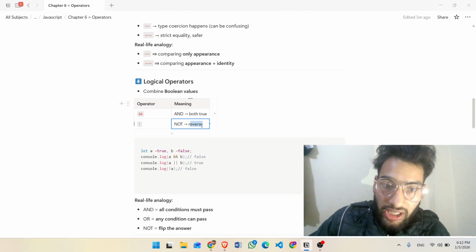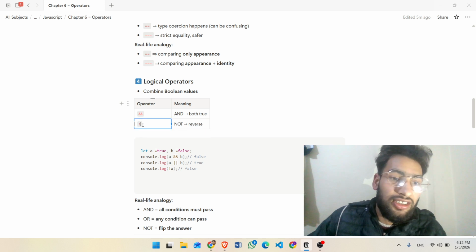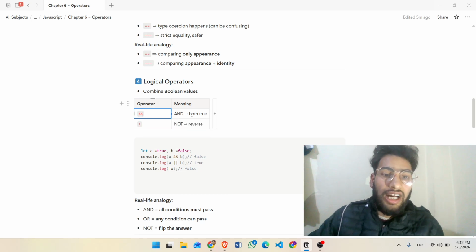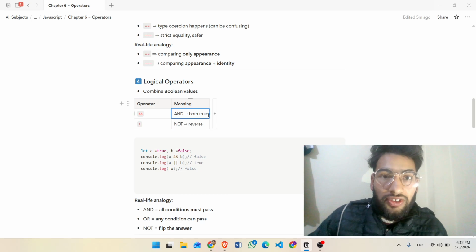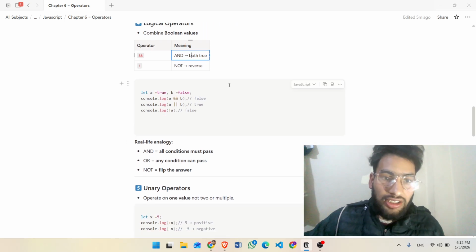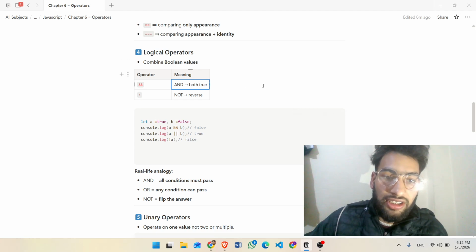And if a is equal to false, b is equal to true. It reverses the value. Okay. Then, if both values are equal, it gives true. So this is the logical operators.